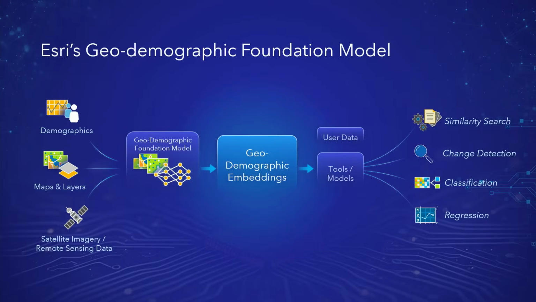Esri's Geo-Demographic foundation model is a kind of location embedding model. It learns to represent each location or coordinate in the form of these geodemographic embeddings, which capture from that training data what it's learning, which is demographic data, such as the US Census or American Community Survey, maps and layers of economic activity, environmental data, how urban or rural a place is, and so on.